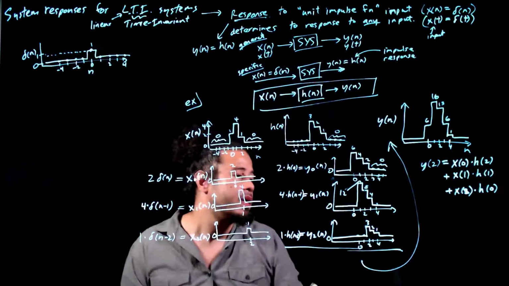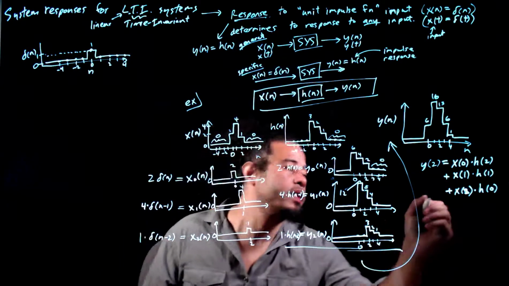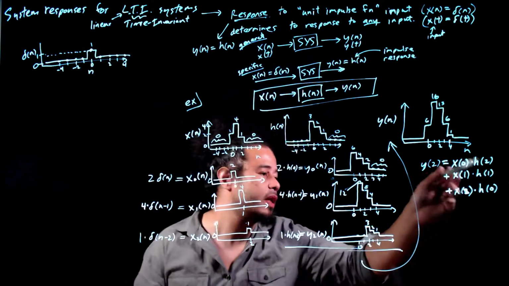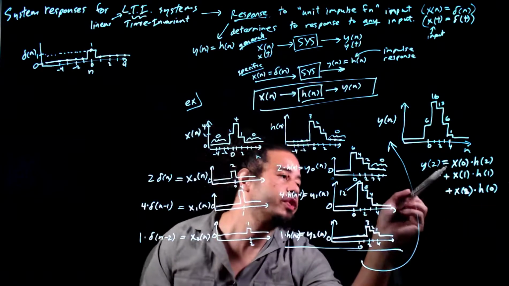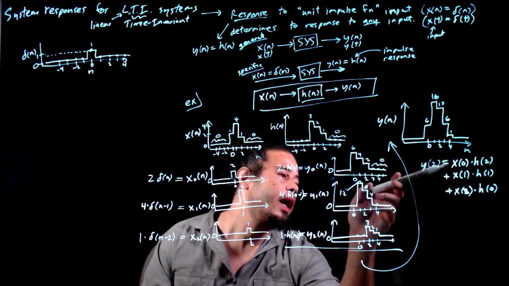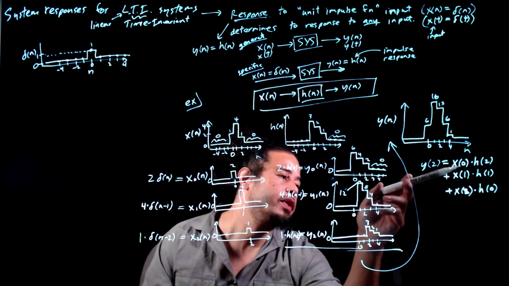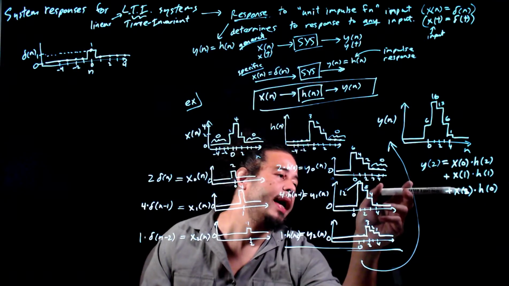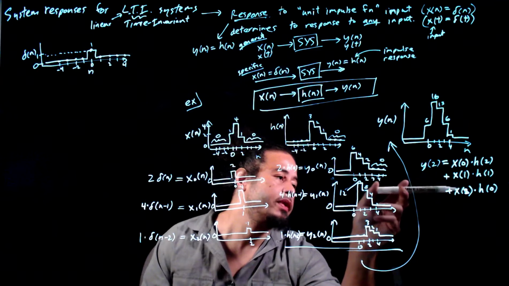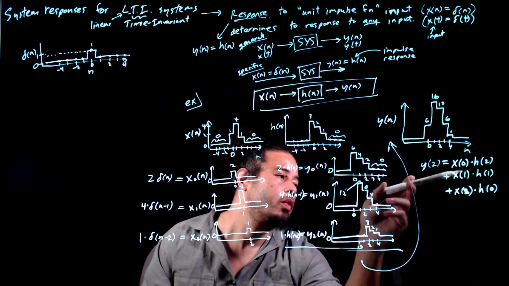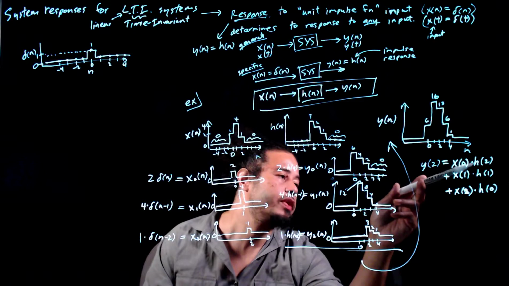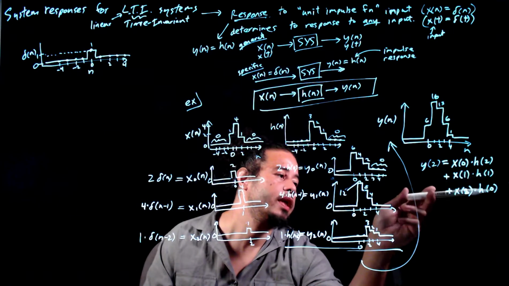All right, and so we can look at the pattern here: we're stepping through the input x at time 0, time 1, and time 2, and as we step through this input, we're stepping, in some sense, in a backwards direction through the impulse response function, getting h of 2, h of 1, and h of 0.